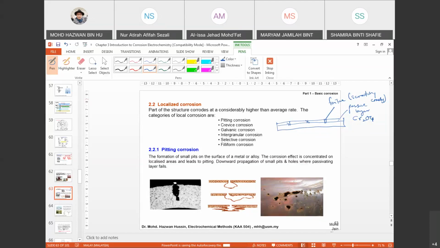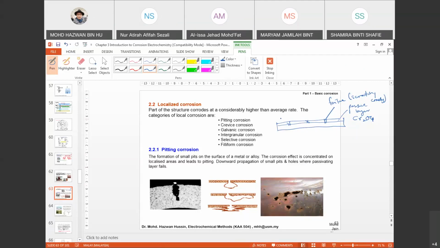The formation of small pits on the surface of metal or alloy is known as pitting corrosion. The corrosion effect is concentrated on a localized area and leads to pitting. Downward propagation of small pits and holes occurs where the passive layer fails.